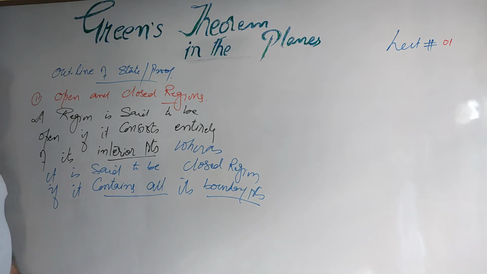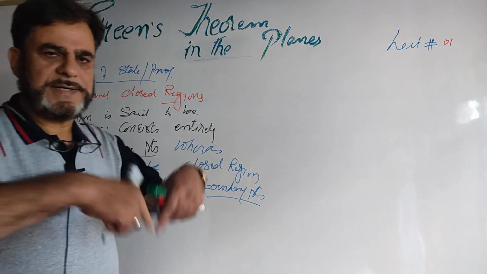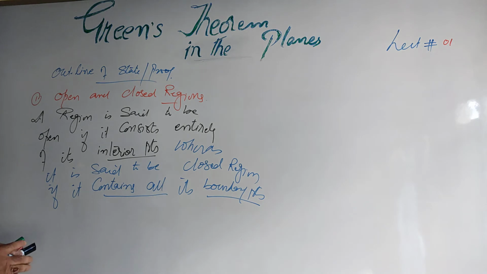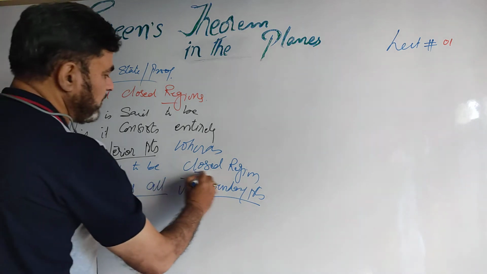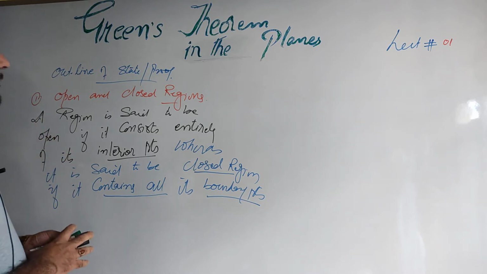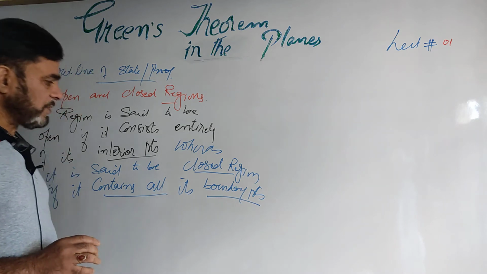When all its boundary points are also contained in the region, then we say it is a closed region. So this is what we mean by open and closed regions. I think you have understood this.